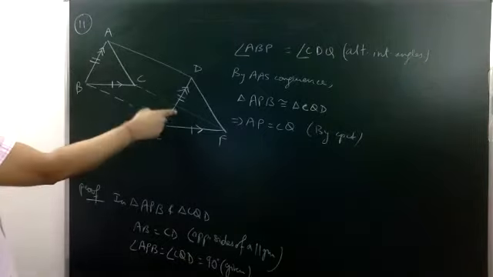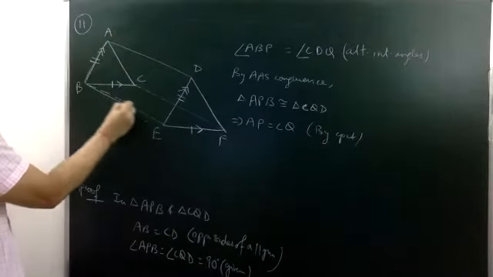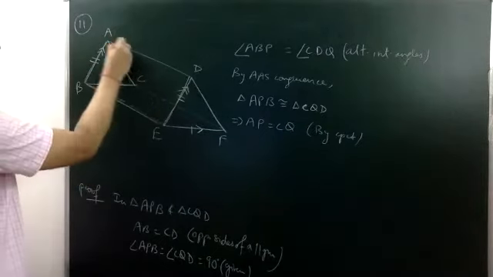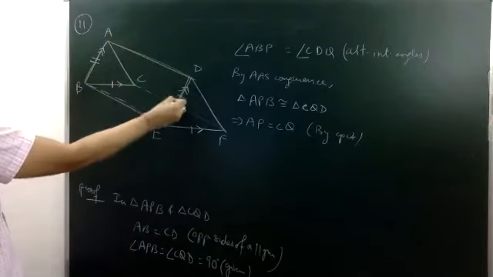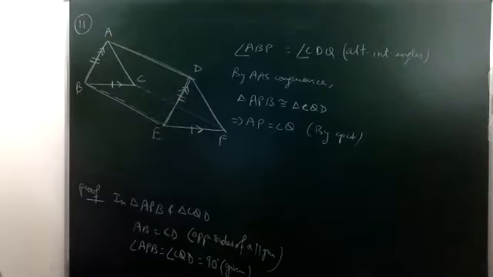So see, in this quadrilateral ABED, one of the opposite sides is equal as well as parallel. So ABED will be a parallelogram.